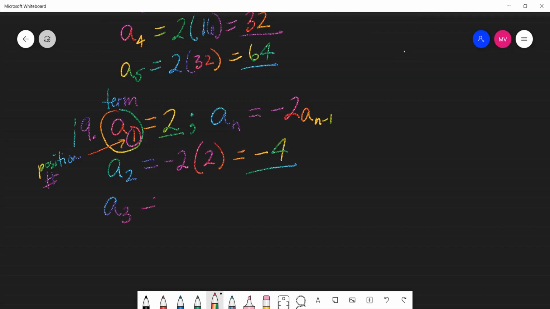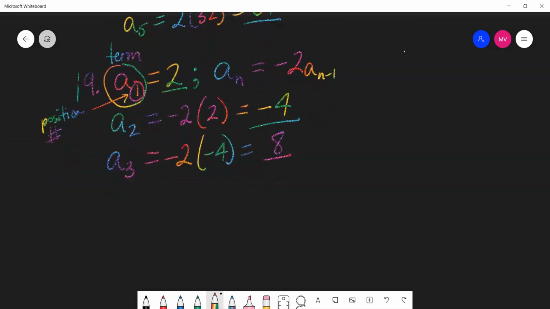Position 3 has -2, which in this case is our ratio, times the previous term, which is -4, and we end up with a +8. Again, another geometric sequence. A4, the term at position 4, is -2, always, times the previous term, which is 8, and we get -16.